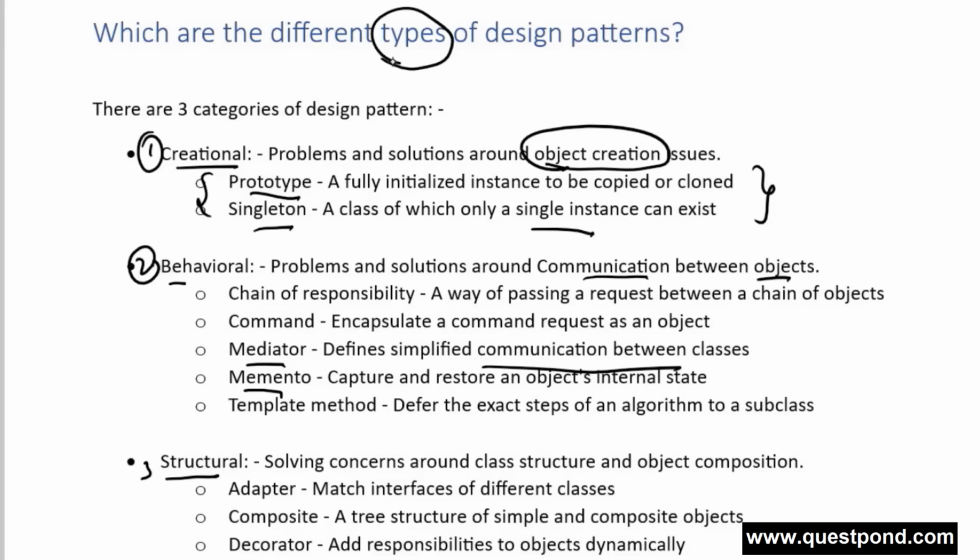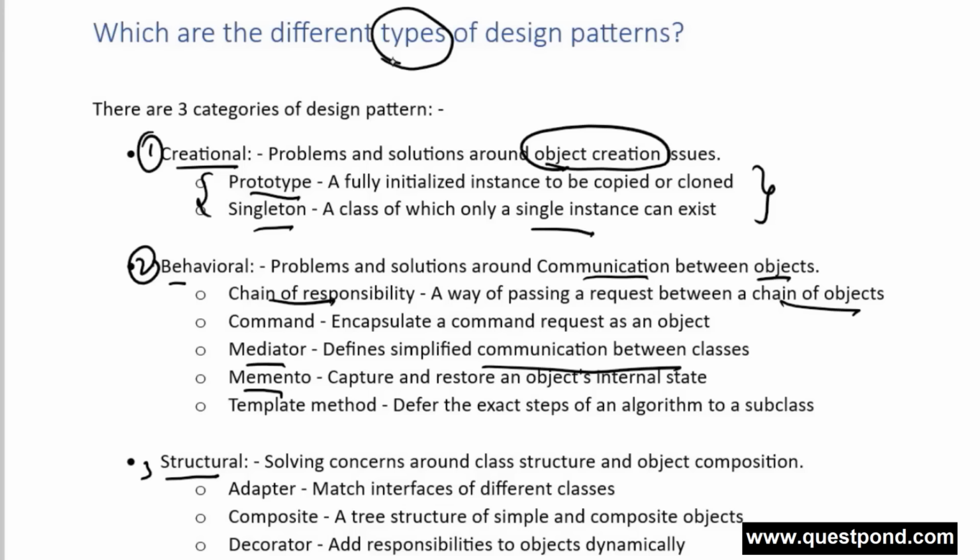Let us say that you want to create a workflow, one object doing some task and then passing to the other object, and then the other object, a chain of objects. Then you have chain of responsibility, right? So this is around the architecture issues or design issues around objects communication.